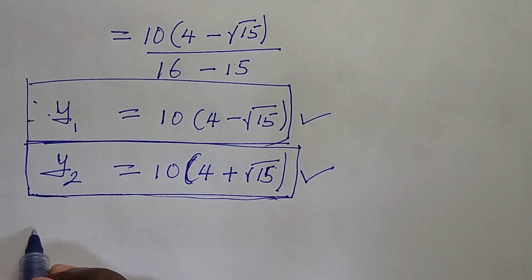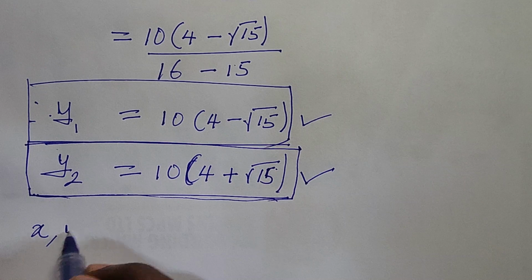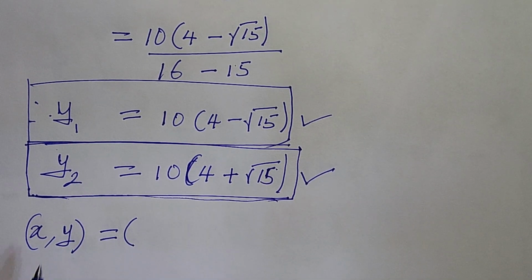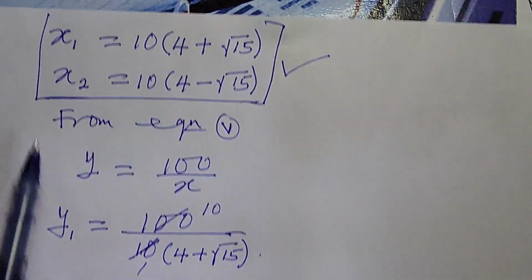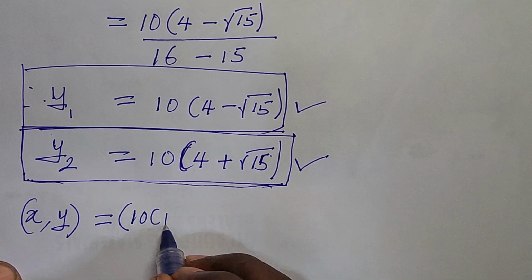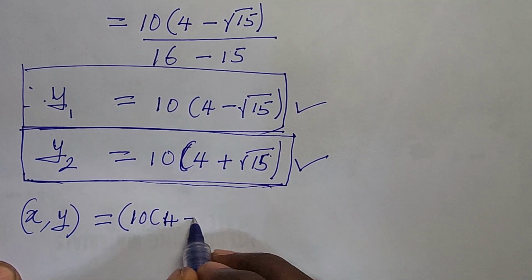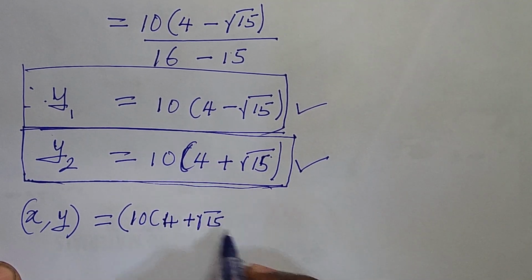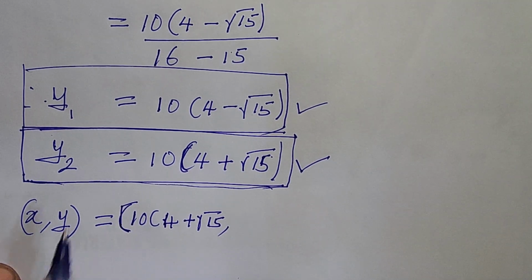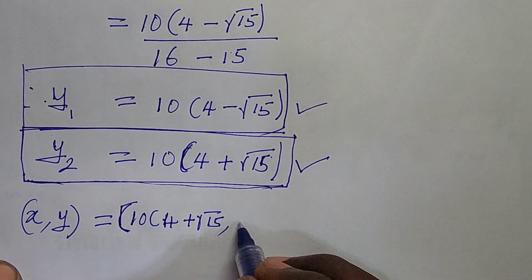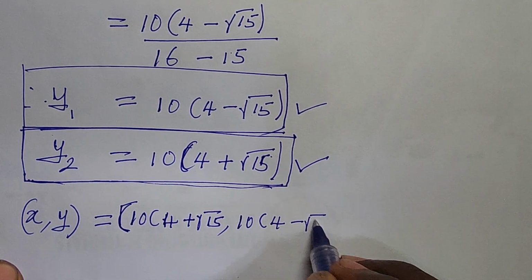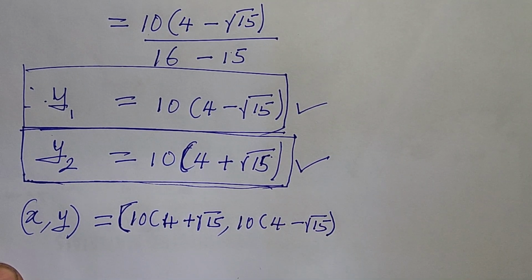So we now have our x comma y equal to the first pair, where we have our x to be this, 10 into 4 plus square root of 15, right? Then our y, what is our y? Look at our y. We have 10 into 4 minus the square root of 15, those brackets.